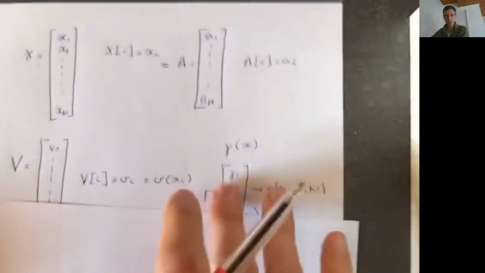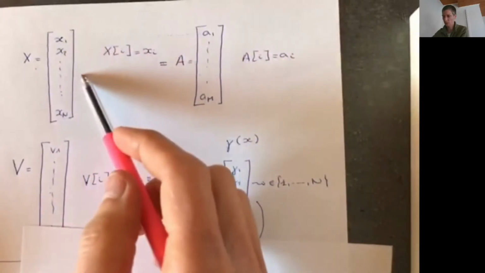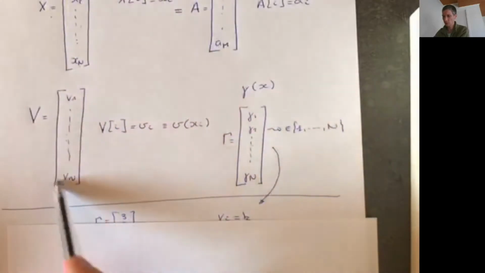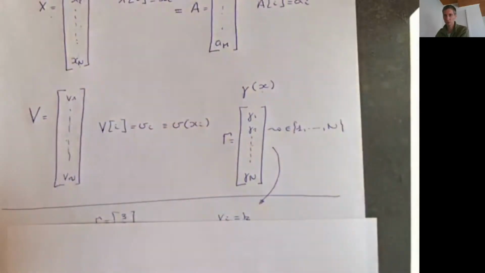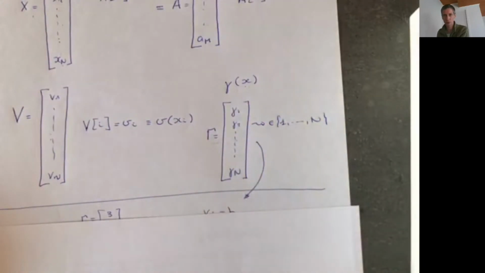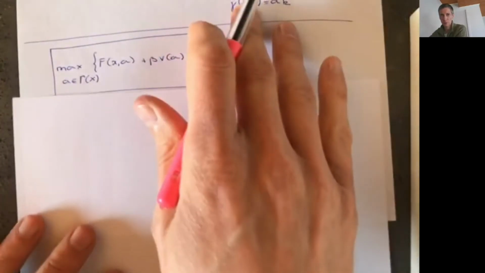So here we already have our data structure to save all the states, a data structure to save the values, the value function at some iteration, and then a data structure to capture the policy function. So first thing, this is a maximization problem.